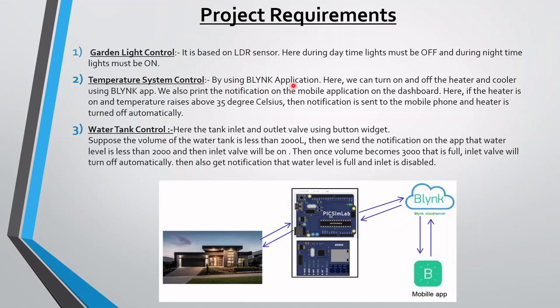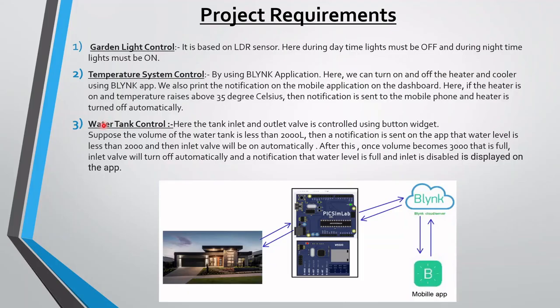By using the Blynk application, we can control the heater and cooler, that is, we can turn on and off the heater and cooler. Here we also print the notification on the mobile application dashboard. If the heater is on and the temperature rises above 35 degrees Celsius, then a notification is sent to the mobile phone and the heater is turned off automatically.